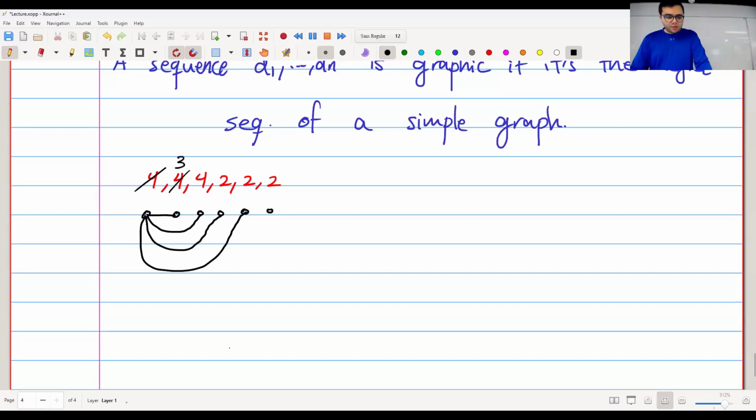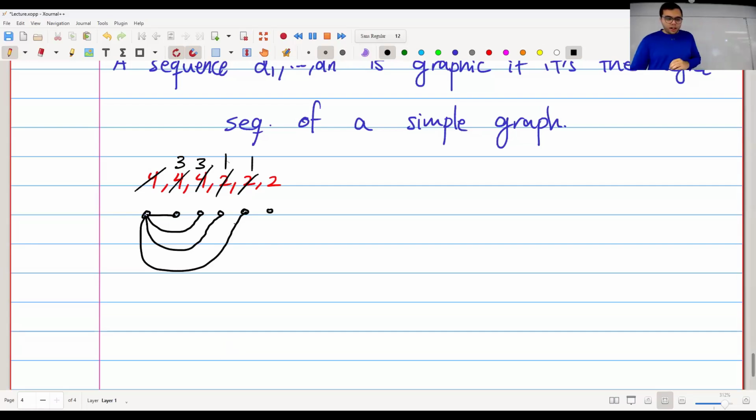But now I have to add 3 more edges for this vertex, 3 more edges for this vertex, 1 edge for this one, and 1 edge for this one. Okay. And I keep doing the same thing. Every time I pick a vertex with the highest remaining degree, and I add edges between that vertex and all the other vertices of the highest remaining degree.